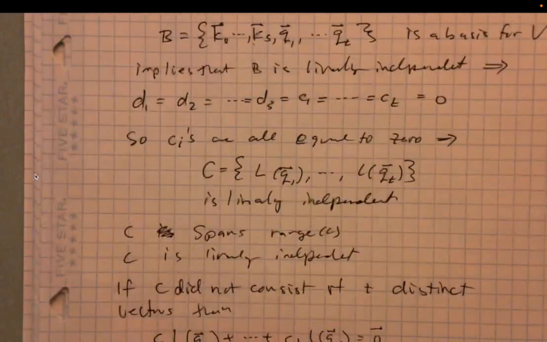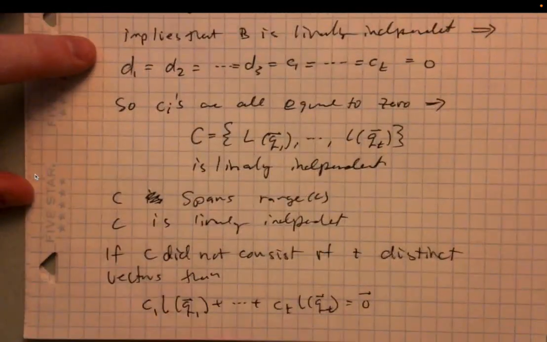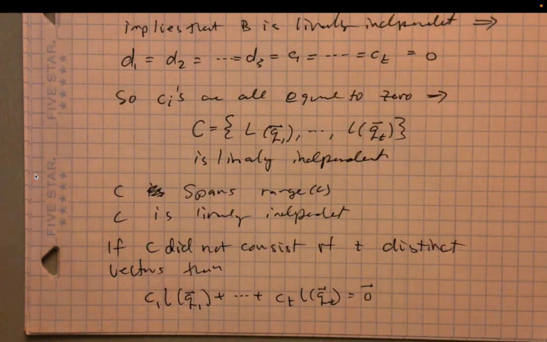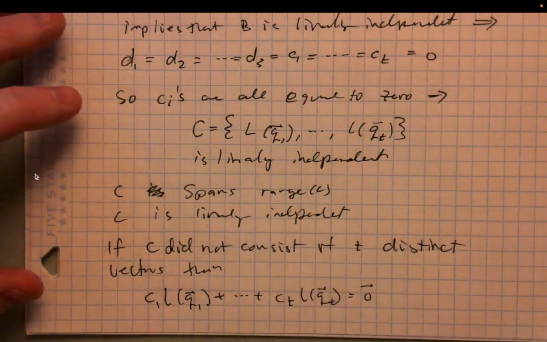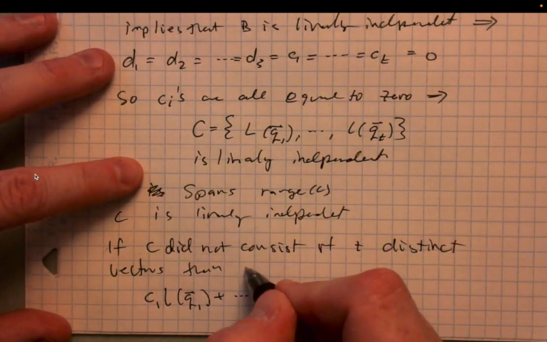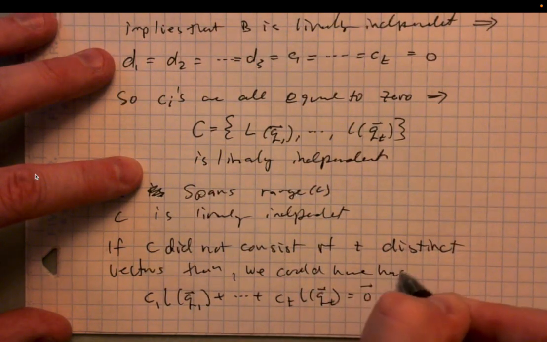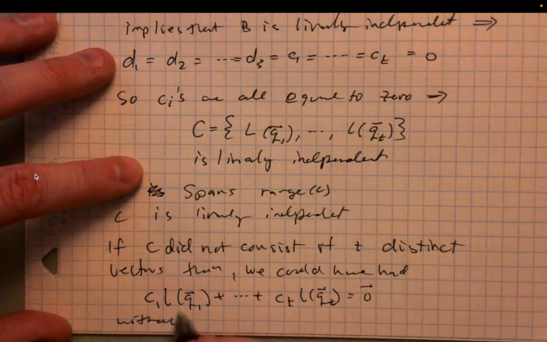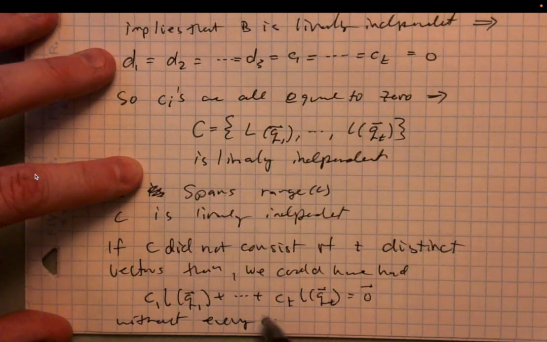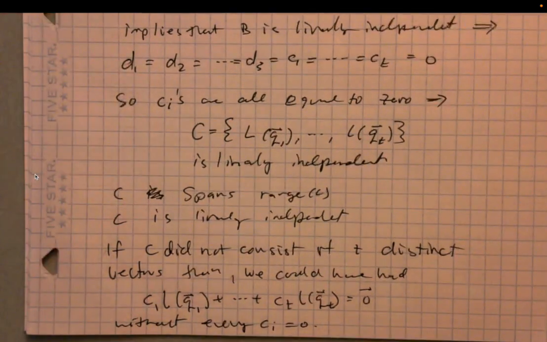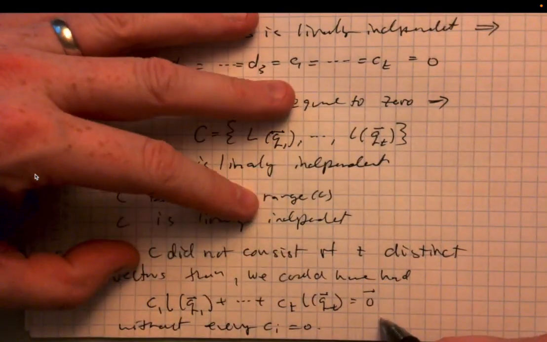We wouldn't have the implication that all of the CIs are 0 like we did. It would have been possible to have this without every CI equal to 0. But we did see that every CI must have been 0 because of the argument previously. All right, so we're done.